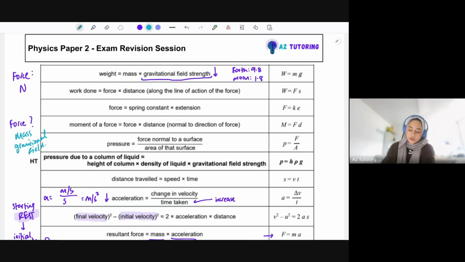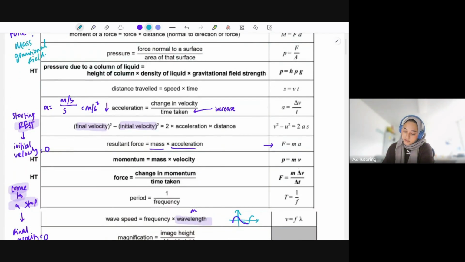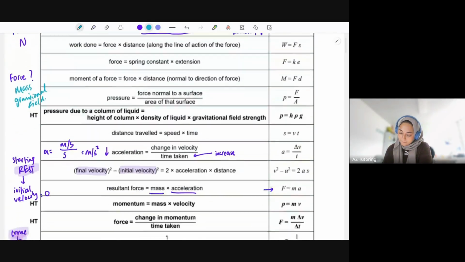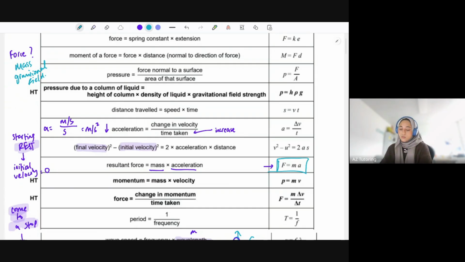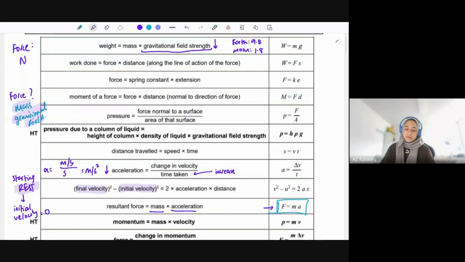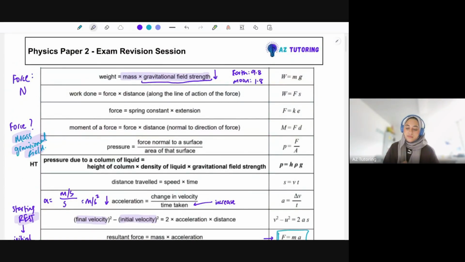Usually when you're finding force, the one that you think about is mass times acceleration, which is over here. But we don't have acceleration given to us in the question. We've got mass and gravitational field strength. So another one that involves both mass and gravitational field strength is this one here.